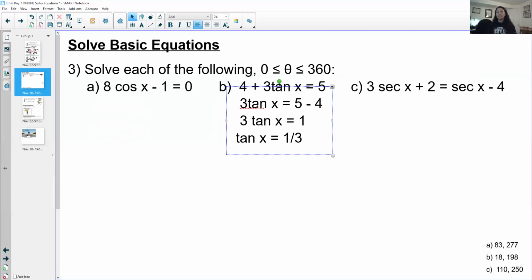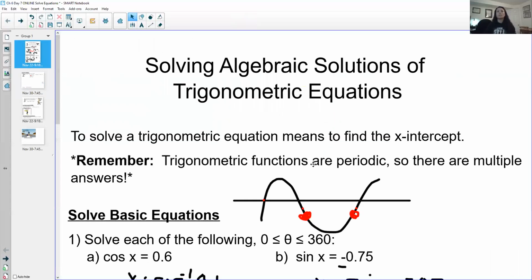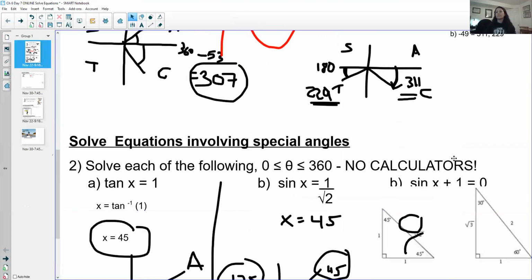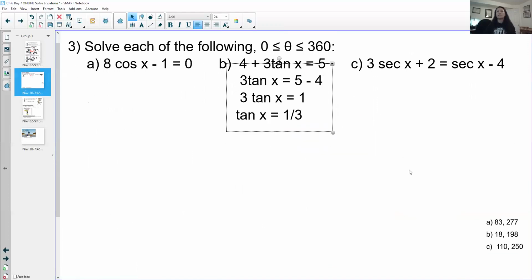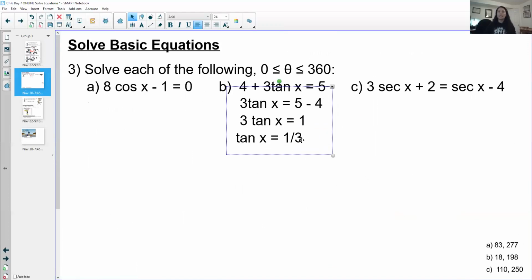There's no awesome special triangle that would give me 1/3, so I'm going to use my calculator here. When you take the inverse tan of 1/3, I got 18. You should get 18.